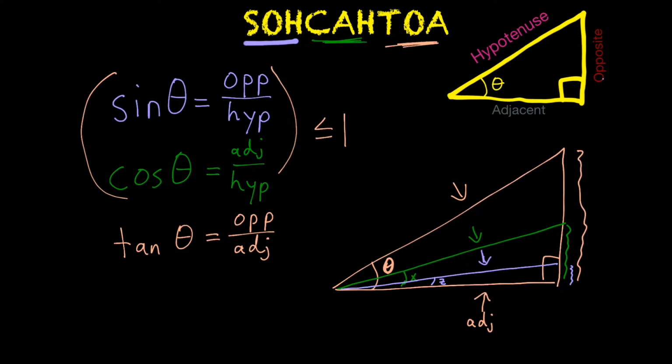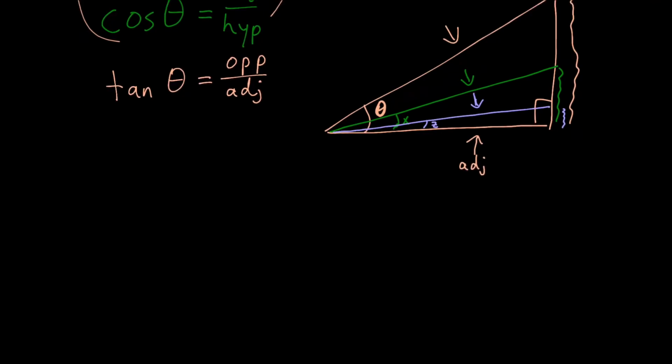Okay, enough of that. So let's look at some examples. If you remember back in the previous video we did, we had two special triangles. We had one right triangle with two angles.